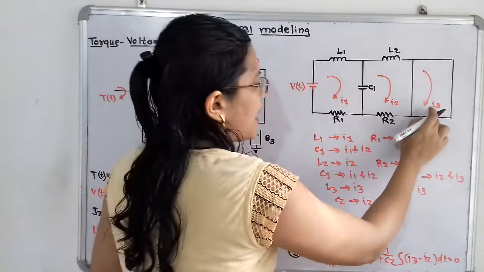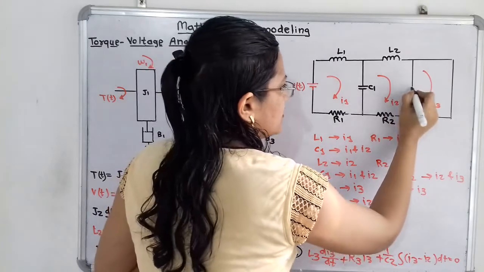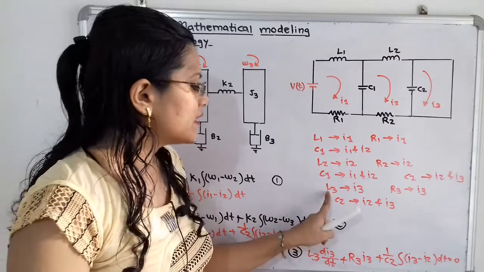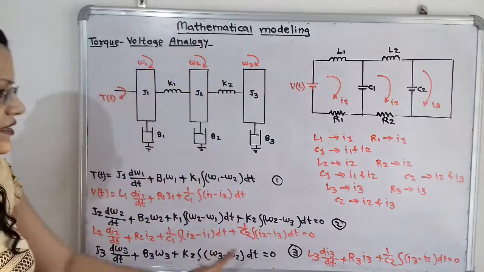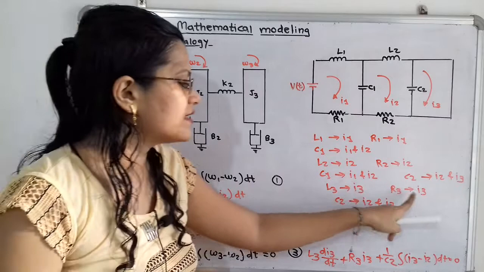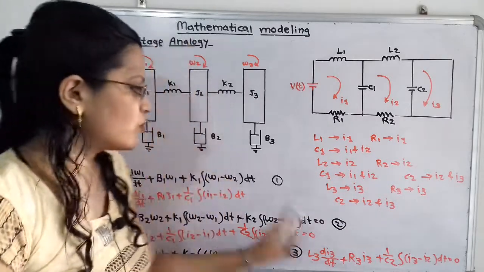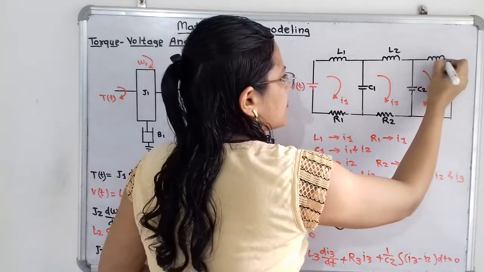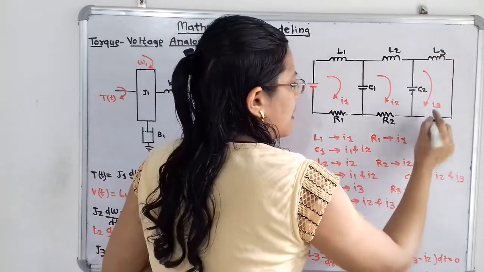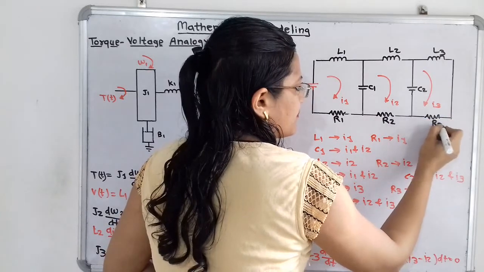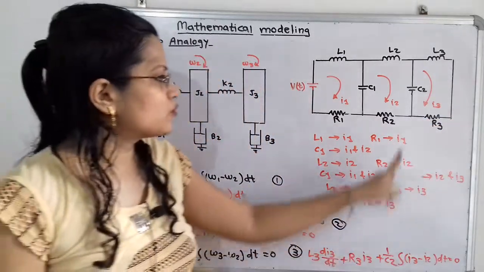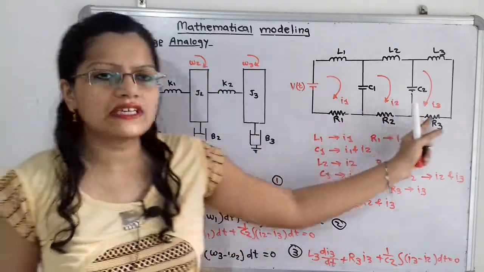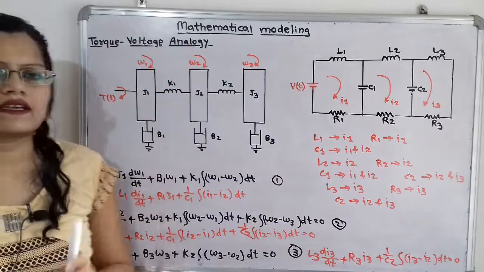So in between I2 and I3, I have to show capacitor C2. Next is inductor L3. L3 has current I3, R3 also has current I3. So for this third loop, I will show inductor L3 and resistor R3. And capacitor C2, in between I2 and I3, is already shown. So this is the analogous electric circuit for the given mechanical system.